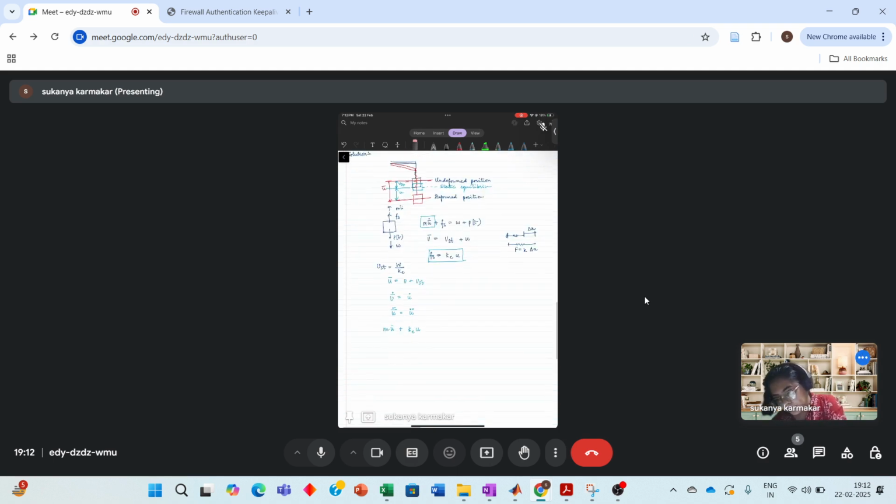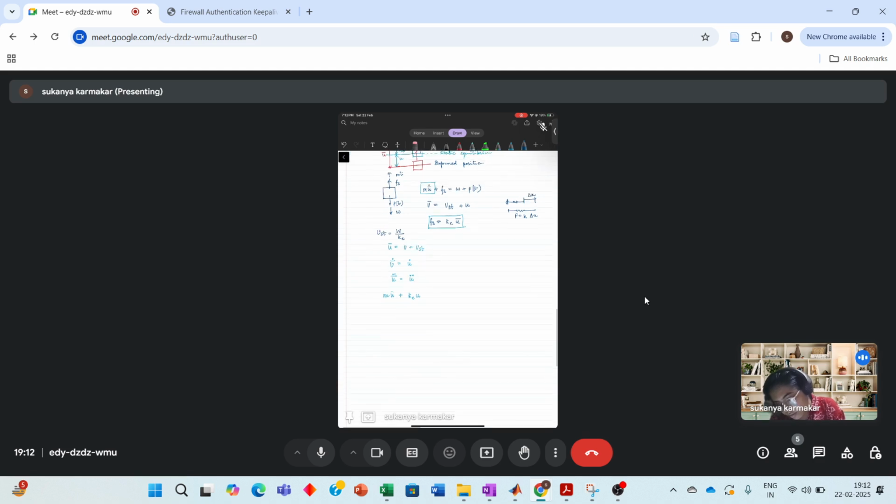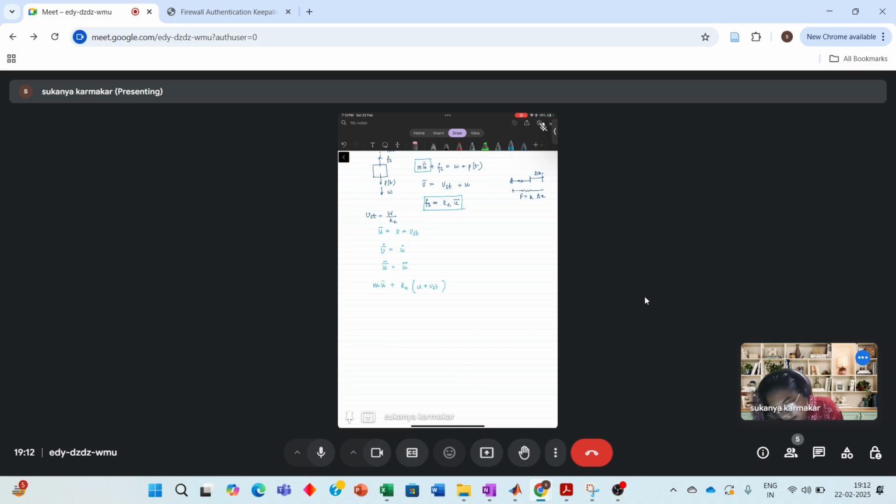Yeah, I just figured out. Earlier, when I'm writing this force Fs, it was with respect to the undeformed configuration. So it will be with respect to U bar. So here you will have U bar, which can be written as U plus UST is equal to W plus PT.